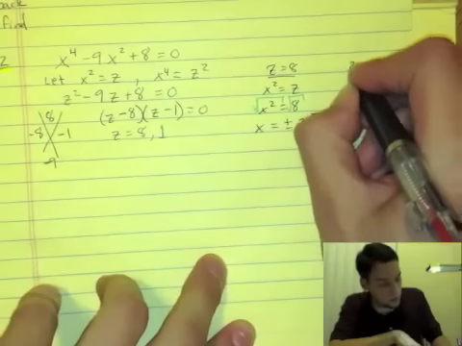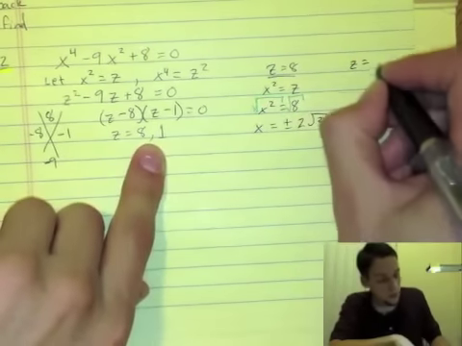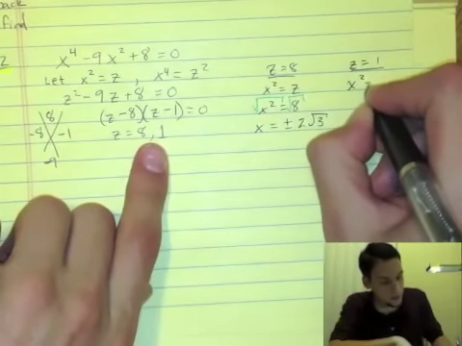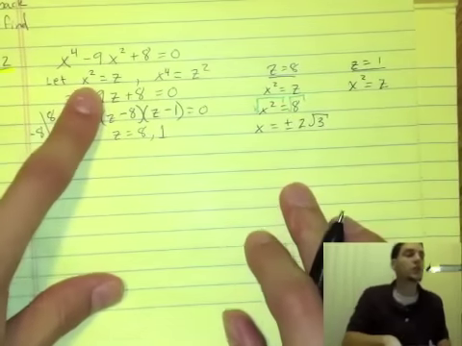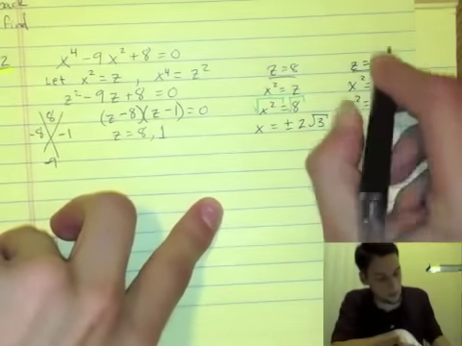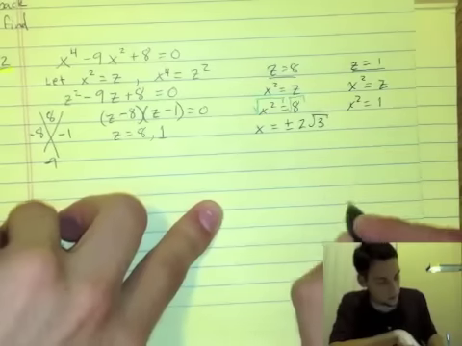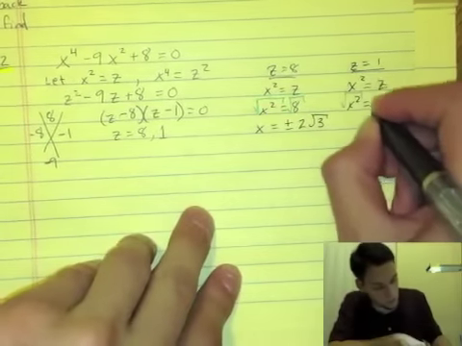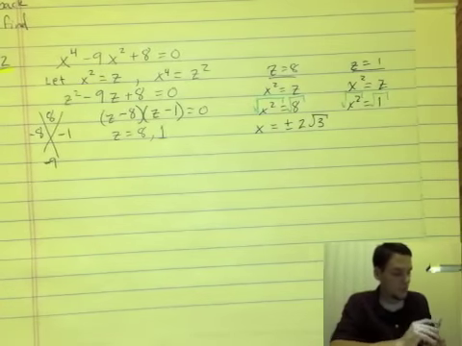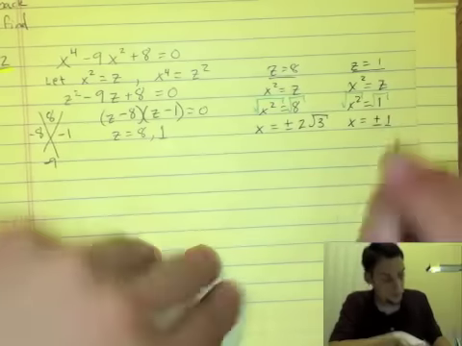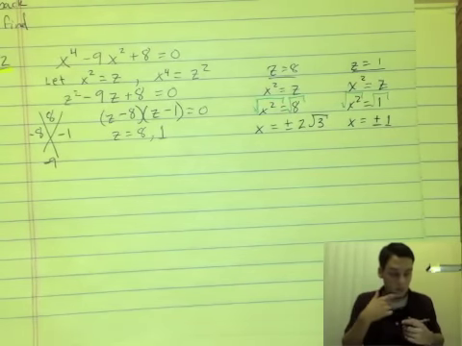Then how about when z equals our other value, 1? I'm going to use this same thing again. x squared equals z, because that's what I said it was in the beginning. I don't know what x squared is, but I do know what z is. So it's 1. Square root both sides. x equals plus or minus square root of 1, which is still just 1.